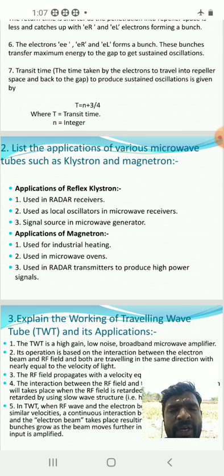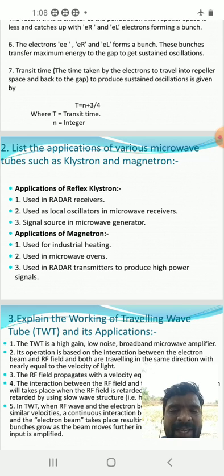Here we know that the reflex klystron is a linear type microwave tube and the magnetron is a non-linear, or cross-field type, microwave tube. The reflex klystron is a linear type, so the electron beam moves in the forward direction only. The magnetron is a cross-field type, so the electrons flow through a curved path.